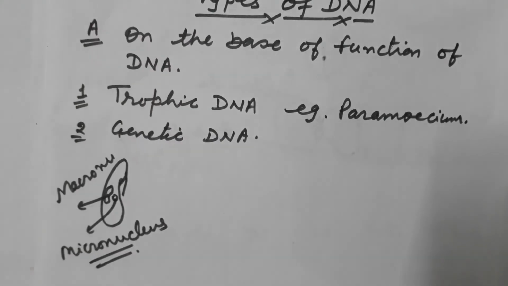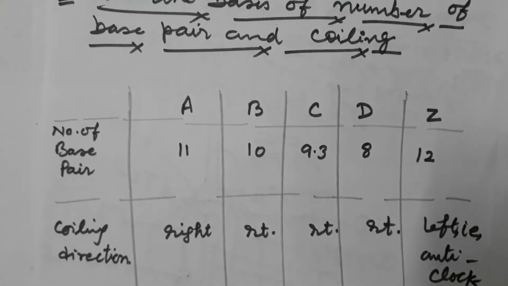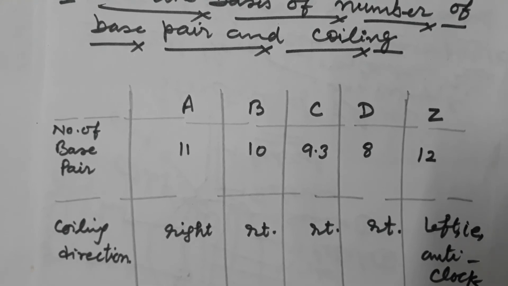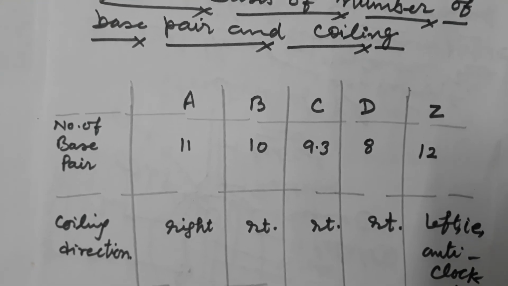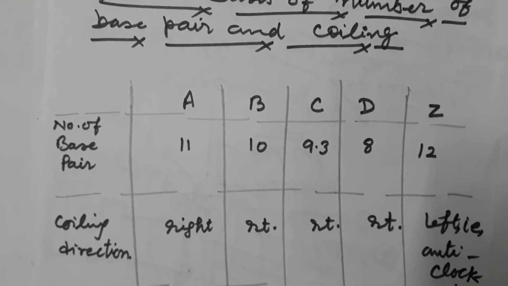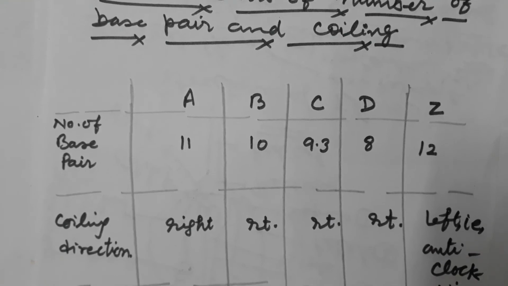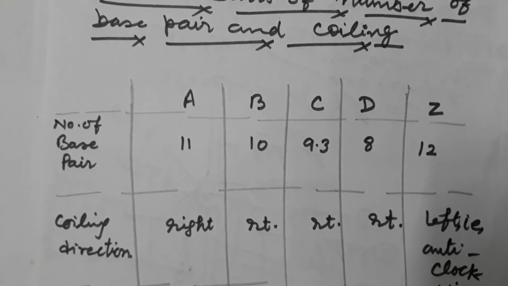Now we read another type of classification of DNA on the basis of number of base pair and coiling. 5 types of DNA exist in nature, that is A, B, C, D and Z. Number of base pairs are different in all these 5 types of DNA. In case of A, 11 base pairs are there.